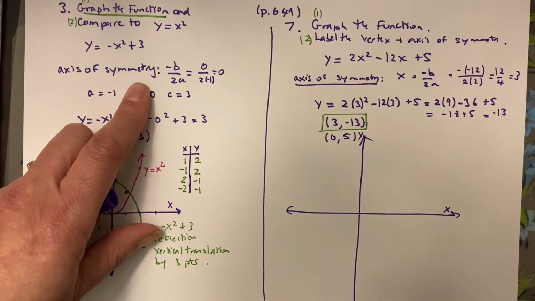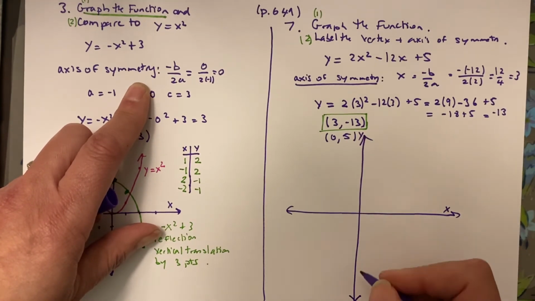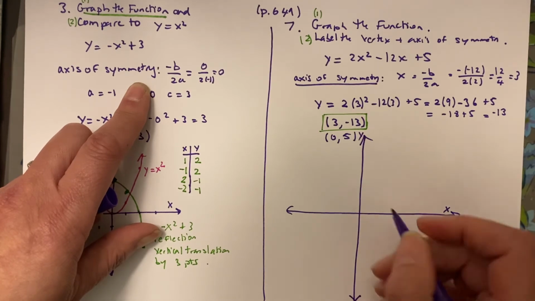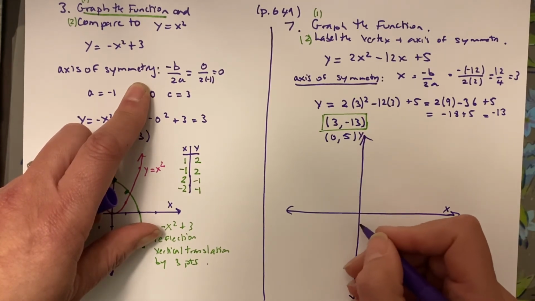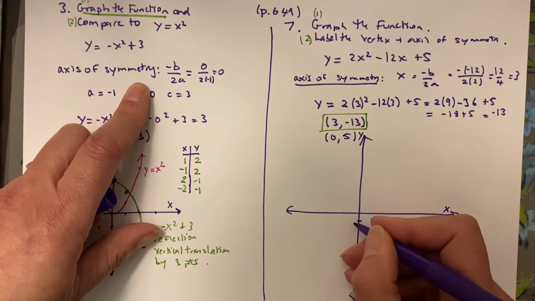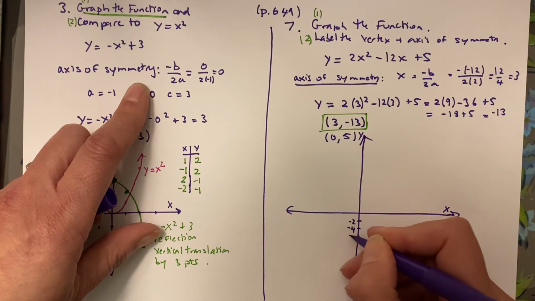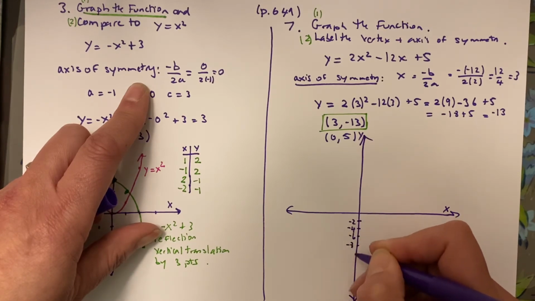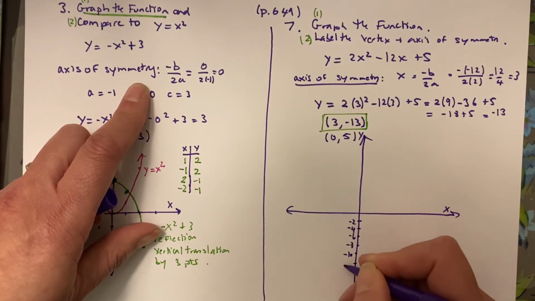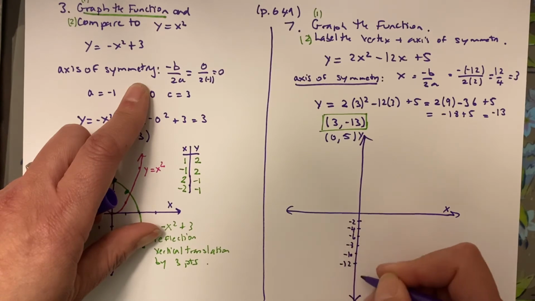All right, so my vertex is going to be way down here, and I need to leave room, so I'm going to go by 2s. -2, -4, -6, -8, -10, -12, -14.